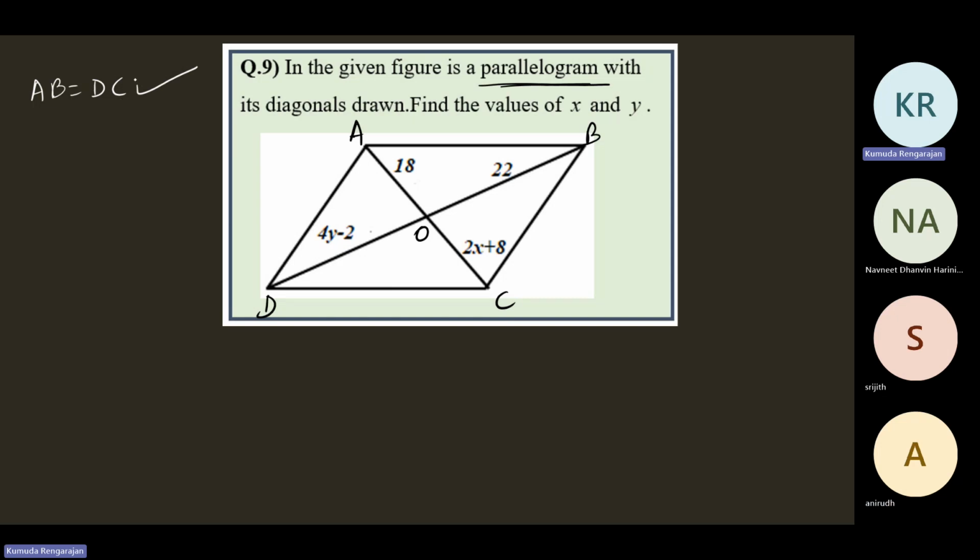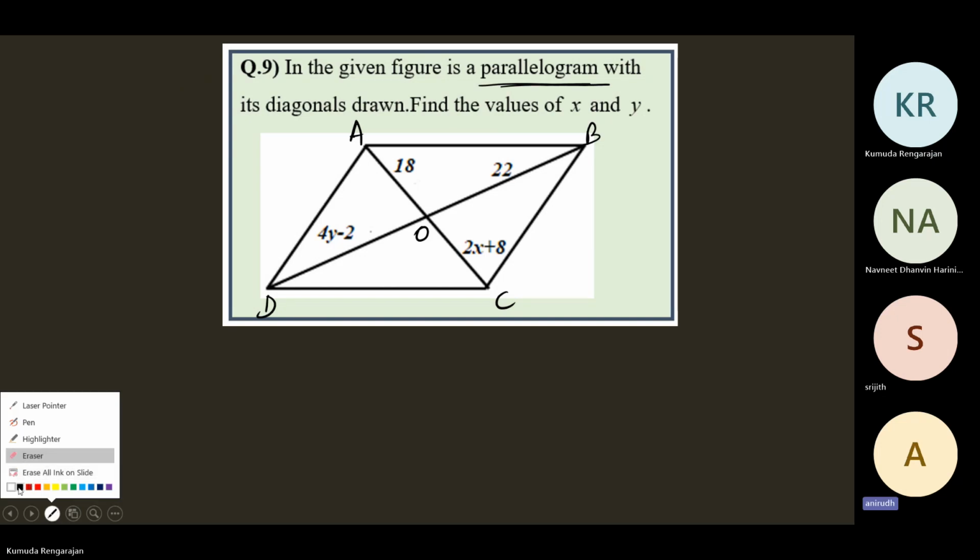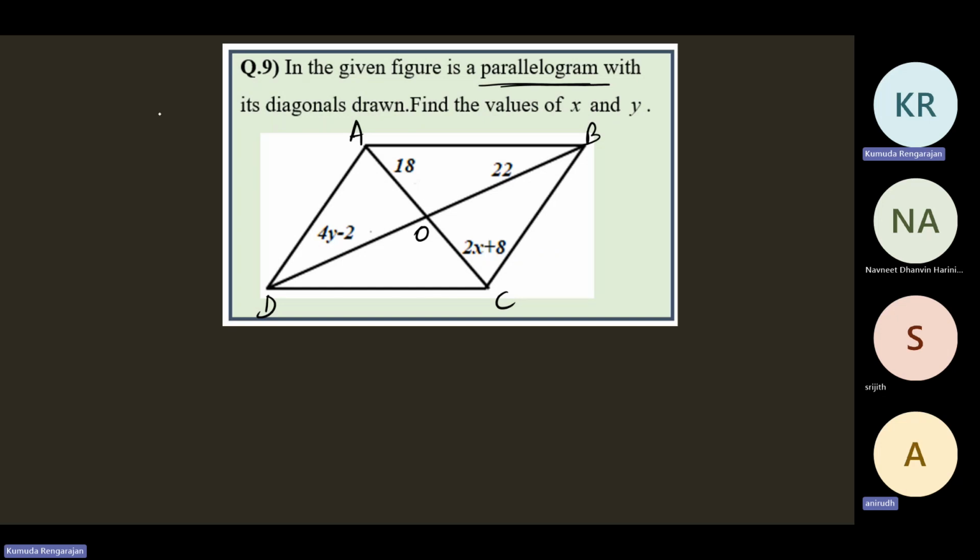AB is equal to DC is correct, opposite sides are equal. But this one will not help you find the value of x and y in this question. Name the two line segments that are equal. AB and DC.